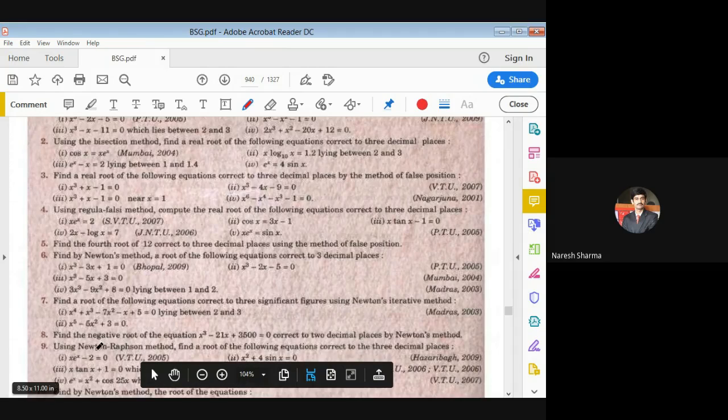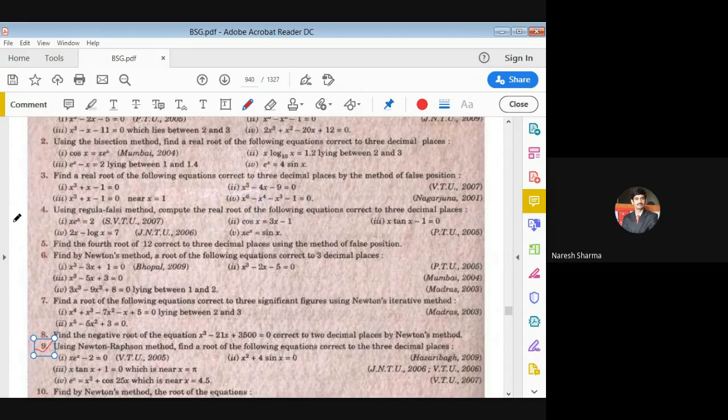In that case we also apply the bisection method, the regula falsi method, which is also called the false position method. In every question, it's better to try more than two or three methods on a single question, so that you get an idea how fast you get the result in which method and which method is better, right?